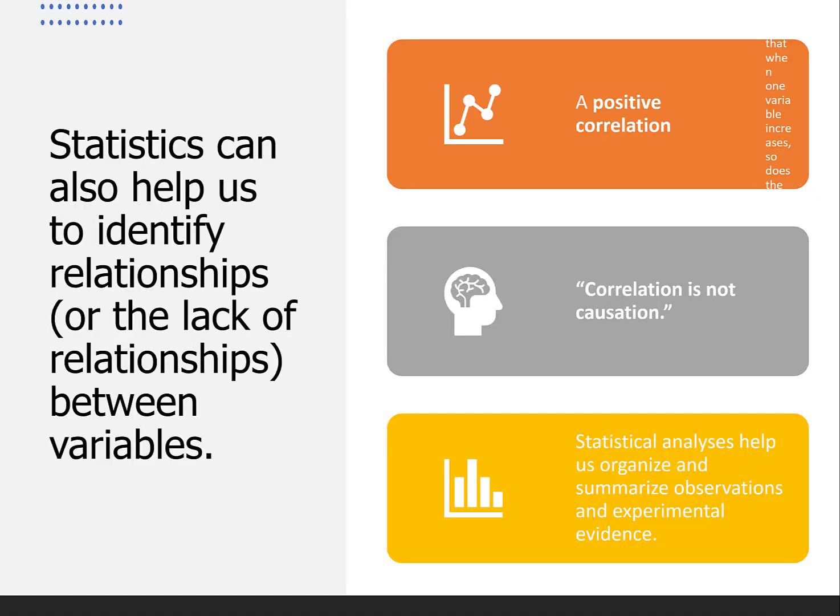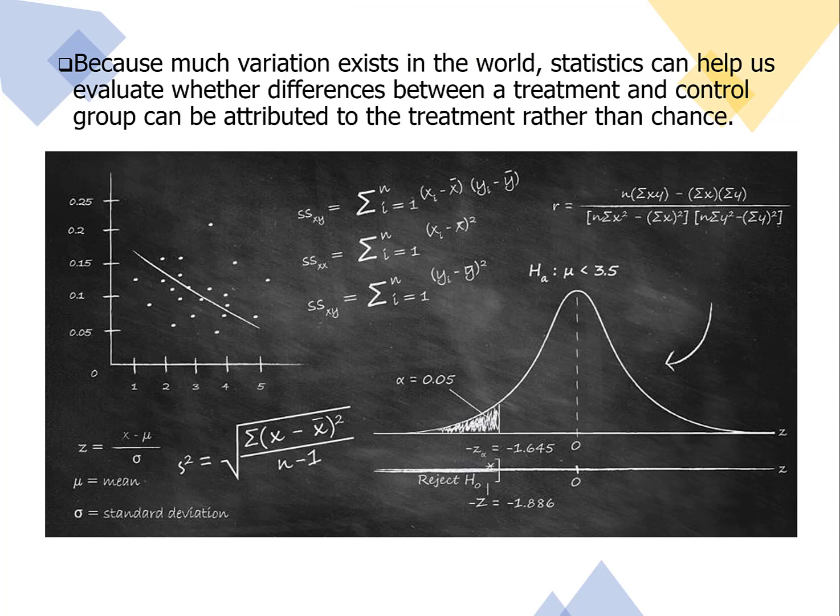So statistics can help us identify relationships, and whether the correlation is not something that's really the cause of whatever the changes are. So statistics gives us the probability of 95% or 80% or whatever it turns out, and the extreme edges are really informative in terms of the shape of the curve, and we can make conclusions based on that in statistics.